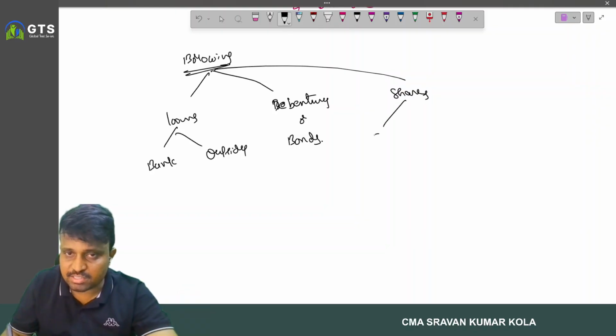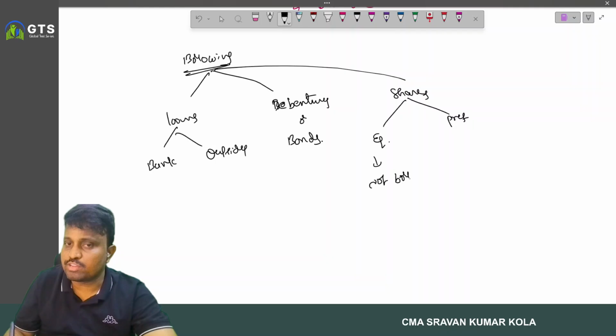But coming to shares, generally two kinds are there: equity and preference shares. Equity shares are not a borrowing.